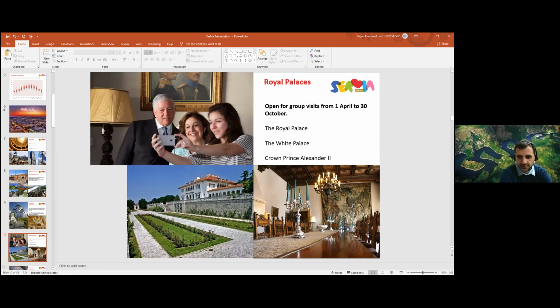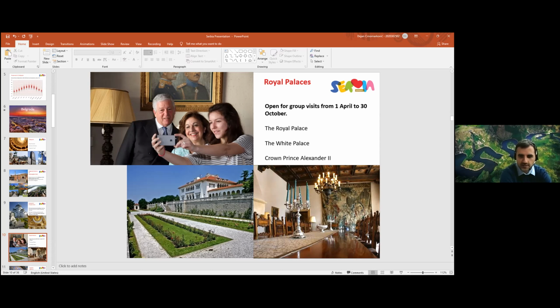Serbia is a republic now, but until the end of the Second World War, we used to be a kingdom. So we still have our royal family, Crown Prince Alexander II and his wife. Here you can see them posing for a selfie with a visitor. They live in a royal complex, which consists of two palaces.